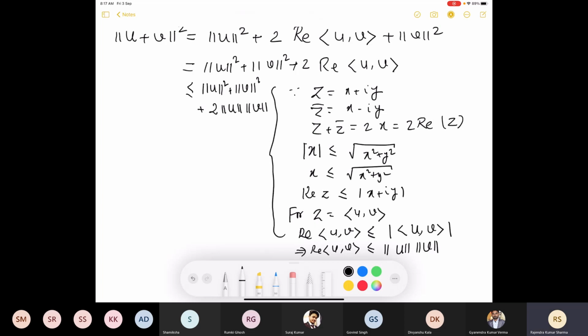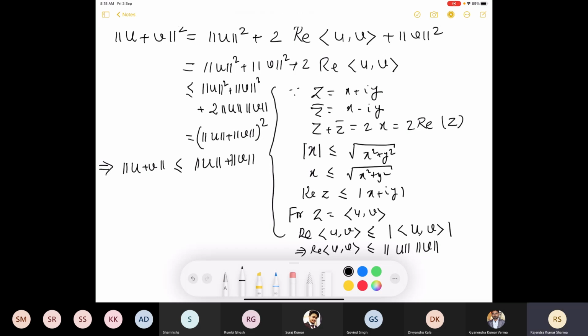You can see that this is a square plus b square plus 2ab, and this is actually norm u plus norm v whole square. Now taking the positive square root here, norm of u plus v is less than or equal to norm u plus norm v.